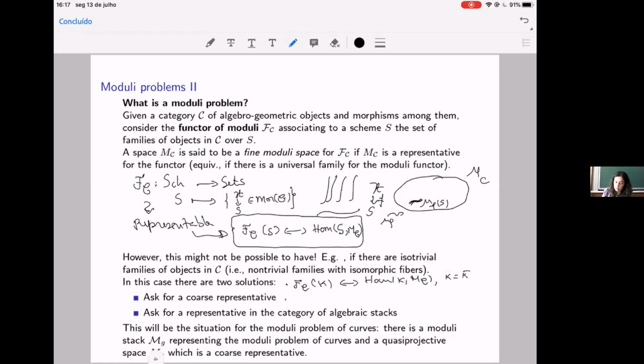And the second thing is that instead of asking in general for any S that we have a bijection between F_C of S and the homomorphisms, we could ask that there is a natural map only in this direction.